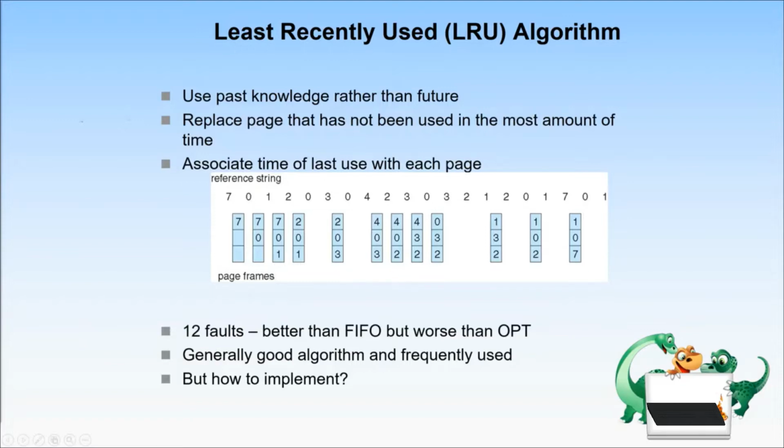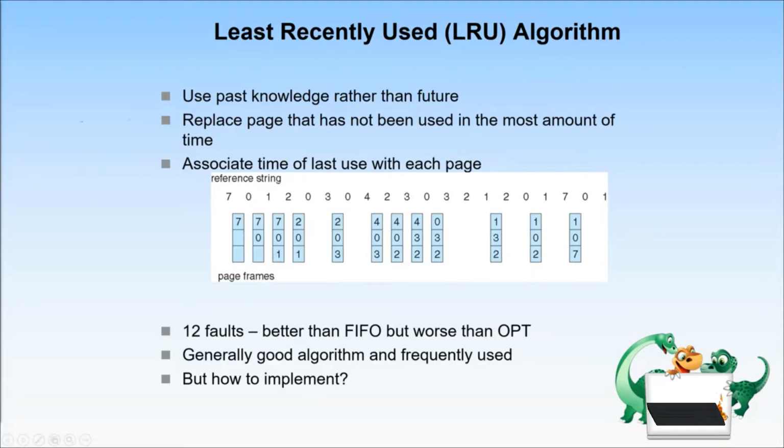It says here, replace the page that has not been used in the most amount of time, so the recently used pages should not be replaced. We just recently used 1, we just recently used 0, and therefore the least recently used was 7, so replace 7 with 2.